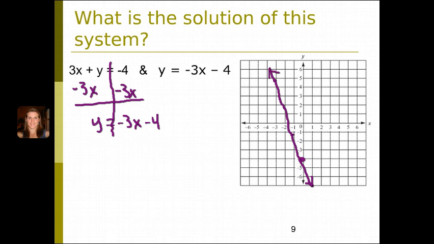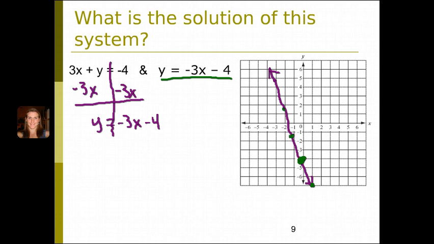And that purple line is going to be for our first equation. Our second equation, we'll do that in green. So again, we're going to start at -4, and we're going to go down 3 over 1 or up 3 over 1.